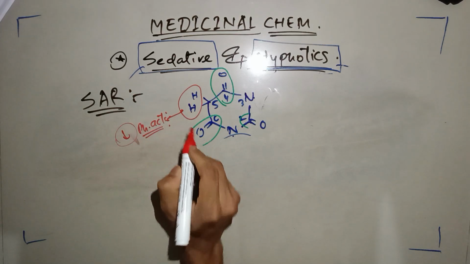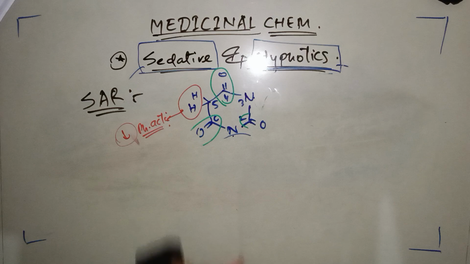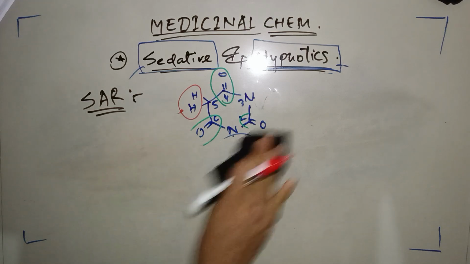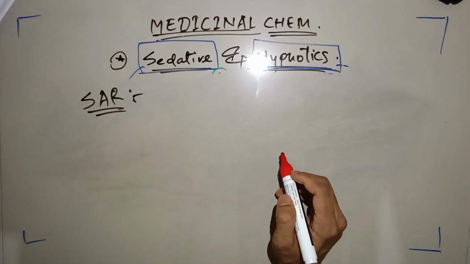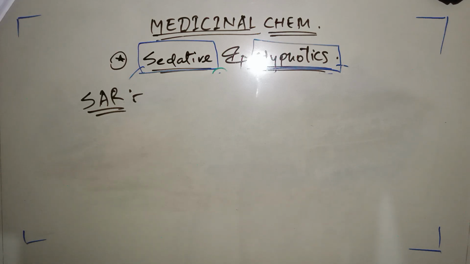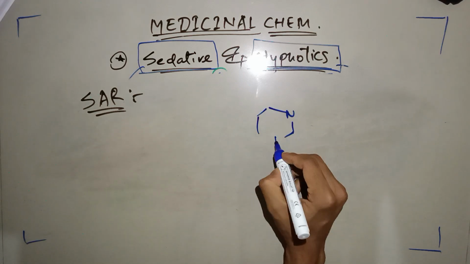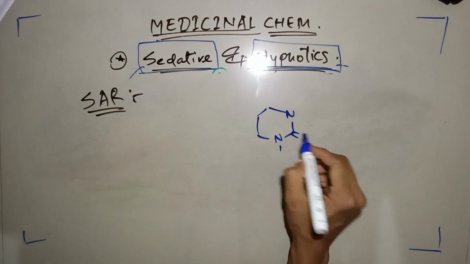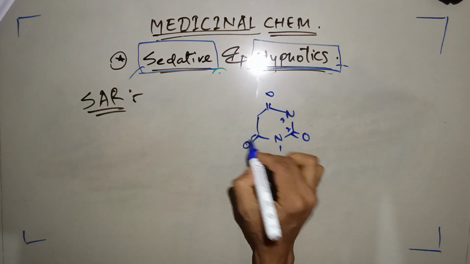Okay. Next, at fifth position, there should be only 6 to 10 carbon atoms. If it increases or decreases, then the activity will also decrease. So, for example, take methyl phenobarbital. What is the structure of methyl phenobarbital? The structure is like this: 1, 2, 3, 4, 5, 6.